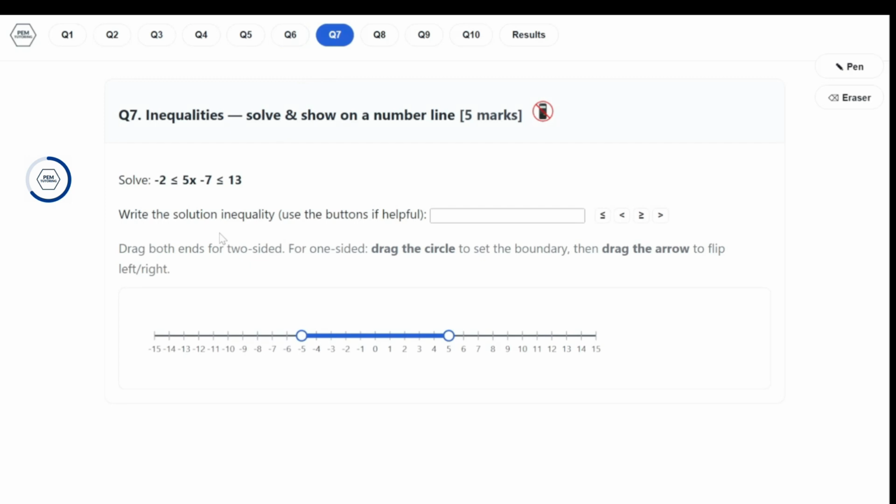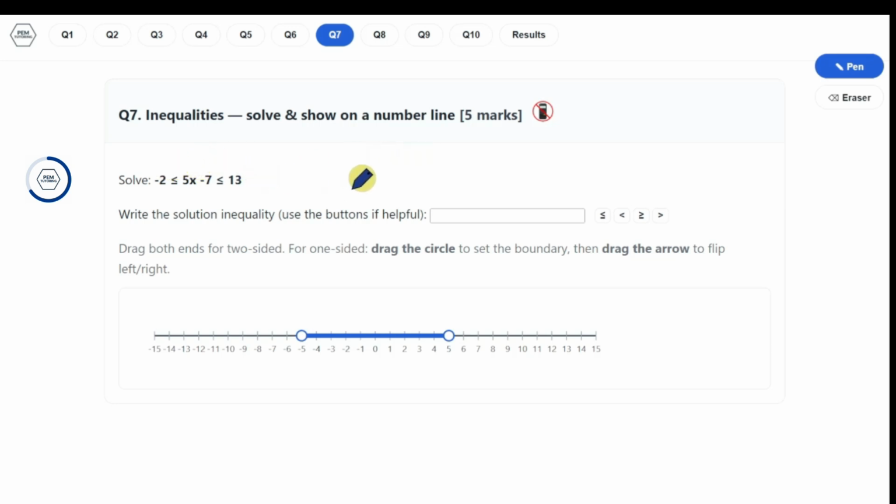Okay, so if we look at question 7, if we want to solve this inequality here, we need to firstly take this inequality and break it up into 2 separate inequalities. So I have here 5x minus 7 is less than or equal to 13, and I also have 5x minus 7 is greater than or equal to negative 2.